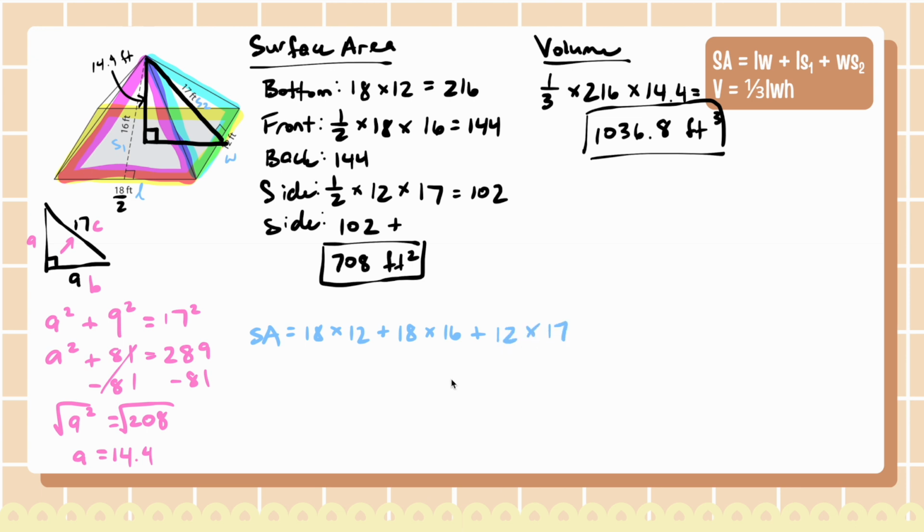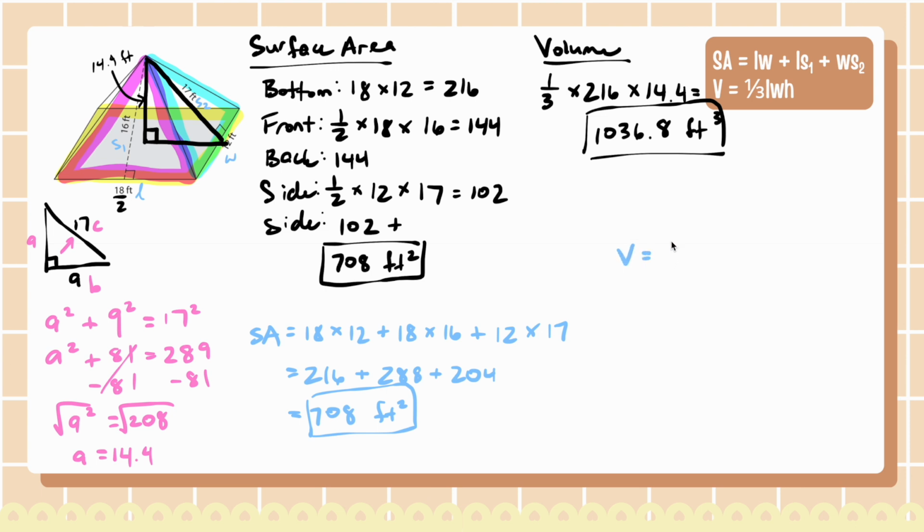Let's simplify. 18 times 12 gets me 216, plus 18 times 16 gets me 288, plus 12 times 17 gets me 204. And all three of these added together gets me 708 feet squared as well. So there's my surface area.